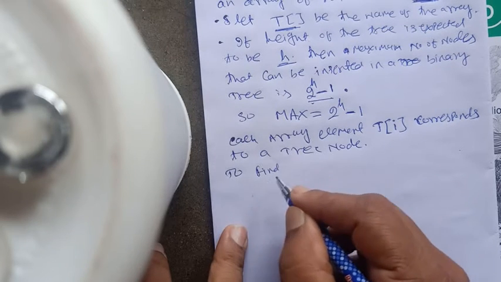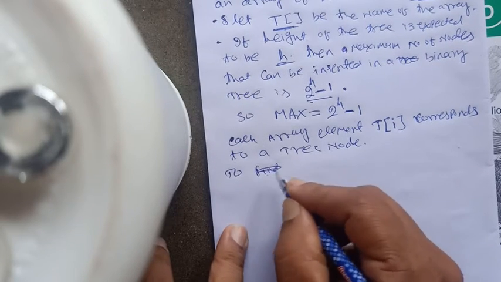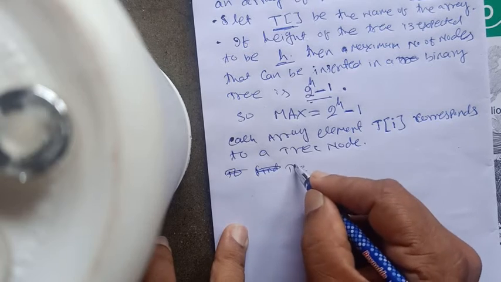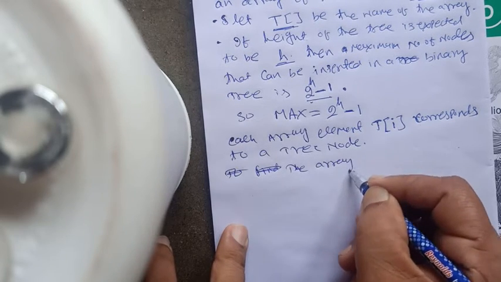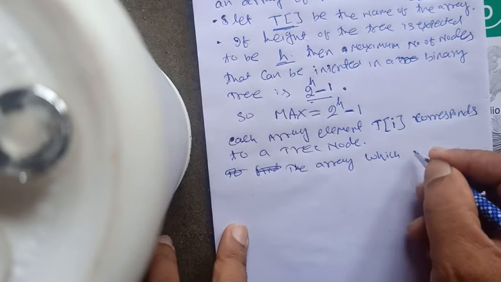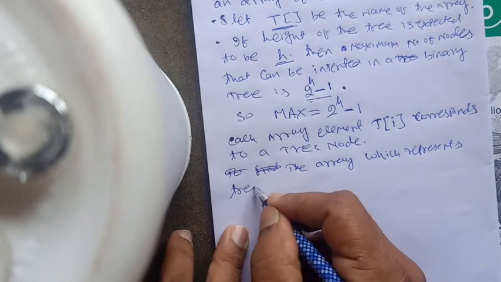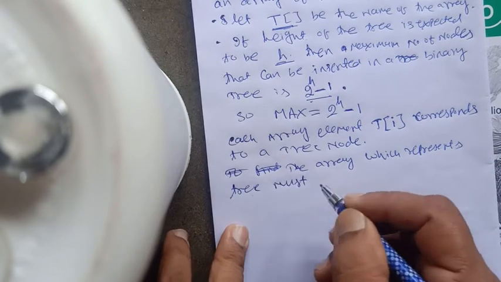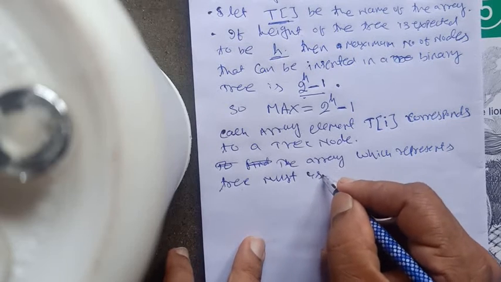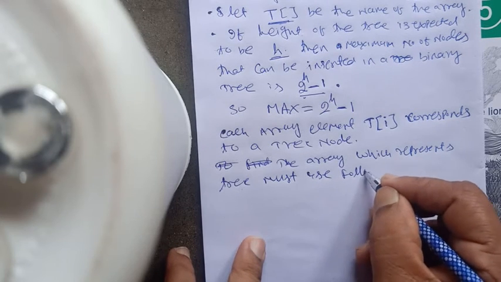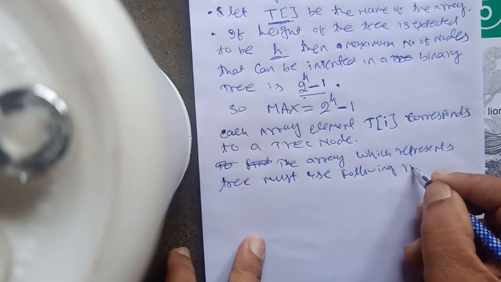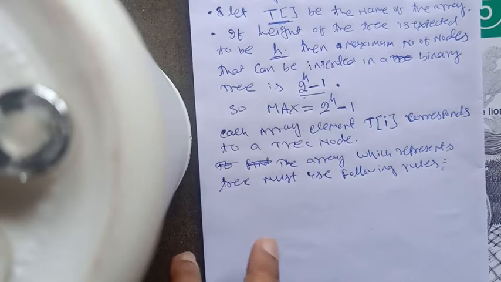Now to find the array which represents a tree, we must use the following rules. The following rules must be followed when you start inserting a node.